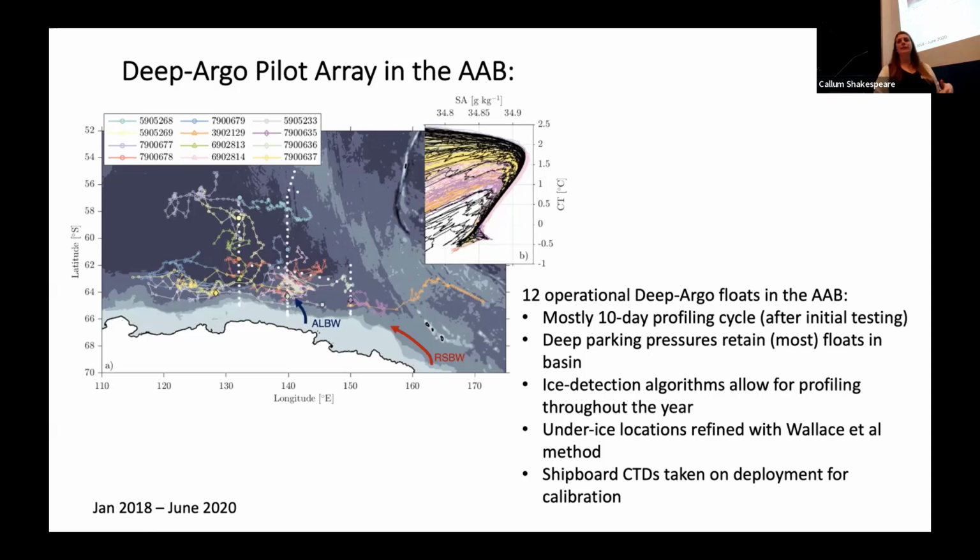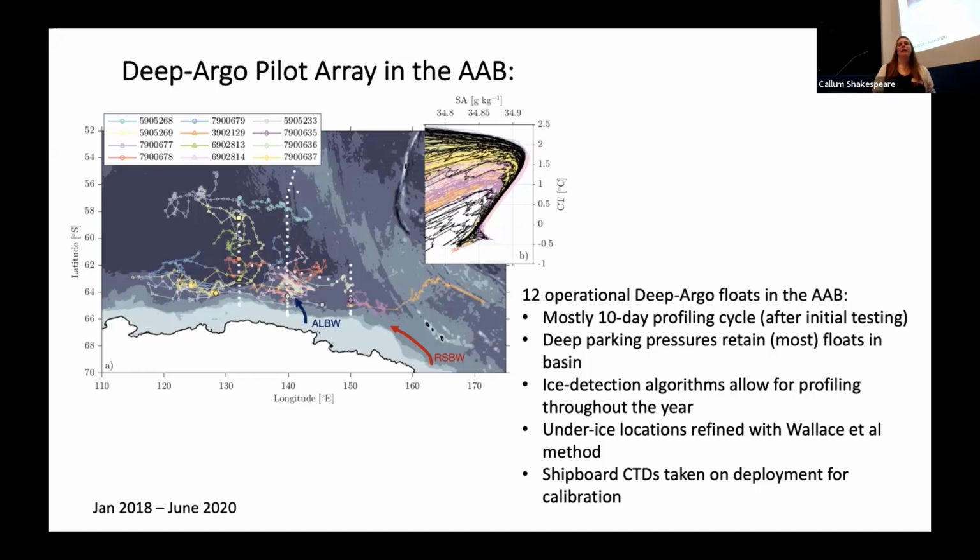After initial testing, they start profiling on 10-day cycles. They have deep parking pressures, so you can set the different pressures. And most of them, aside from this one, were retained in the basin and didn't get swept away by the eastward flow of the ACC higher up in the water column.